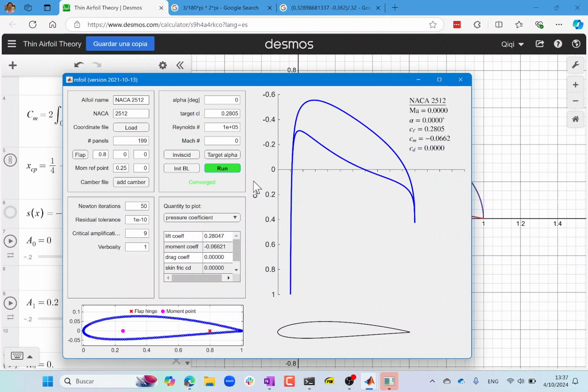And this one should have a lift pretty close to the center. Now, according to thin airfoil theory, the center of lift should be exactly at the half chord, right? Which means the Cm should be what fraction of Cl?